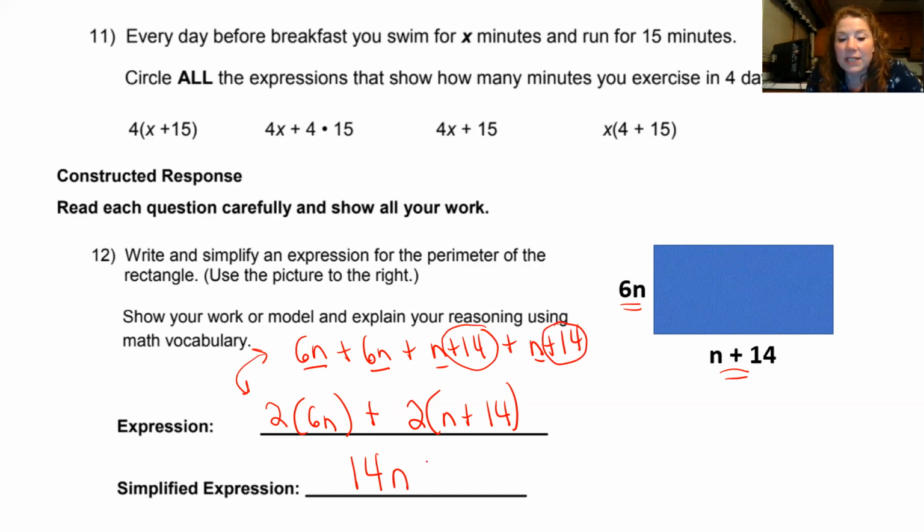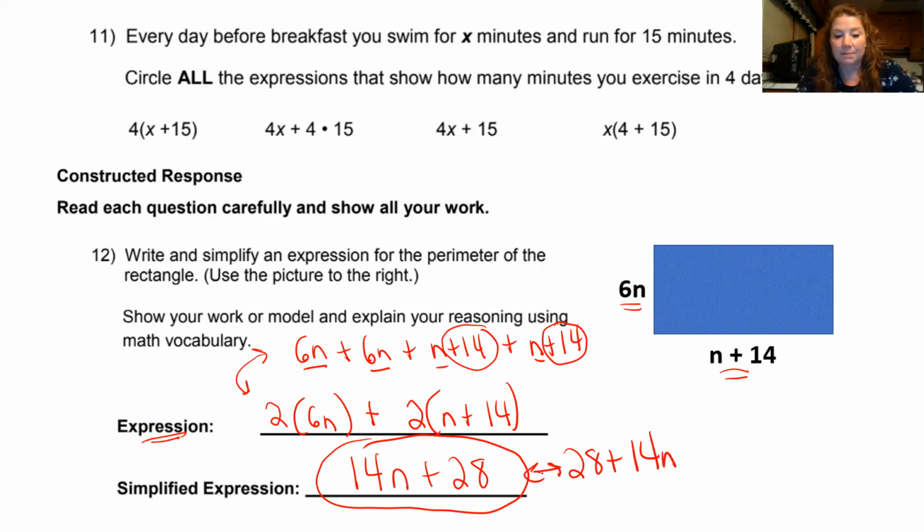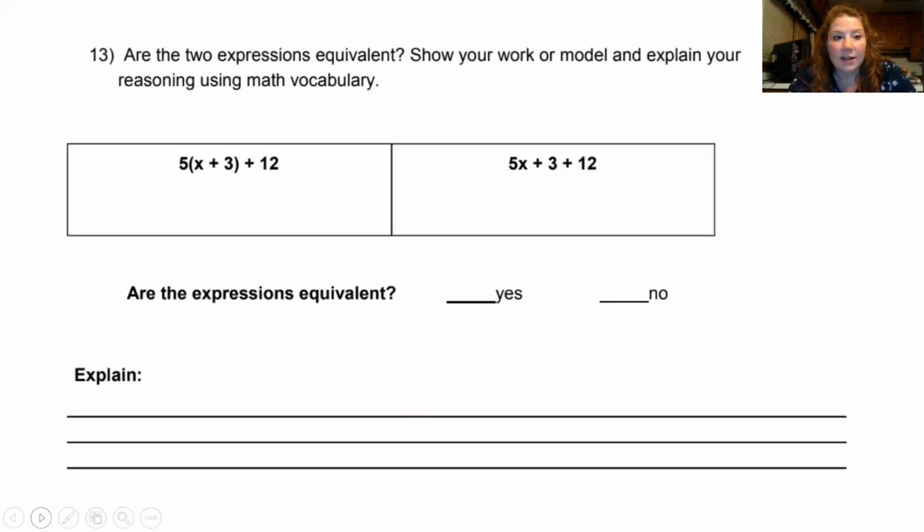So 14 plus 14 is 28. So although the expression itself can have different forms, the simplified expression has only one answer. Or of course you could write the 28 first, it doesn't matter. But these two are equivalent, right?